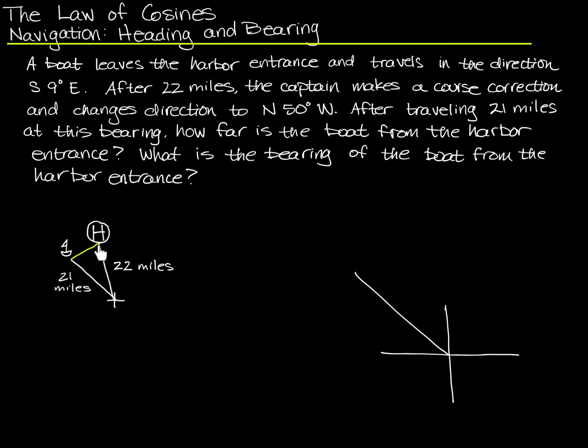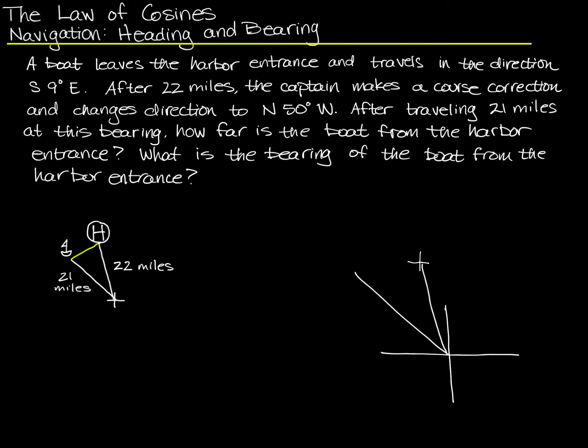From here we went, what was it, 9 degrees east of south. So we went south 9 degrees east. And so I'm going to do that, but I'm going to look at it from the perspective of it coming into quadrant 2. That might look something like this. And remember that that was coming from another position up here.